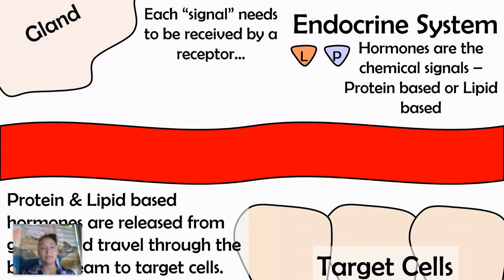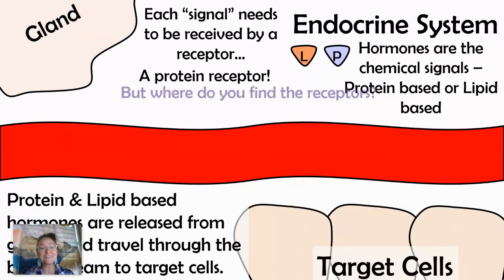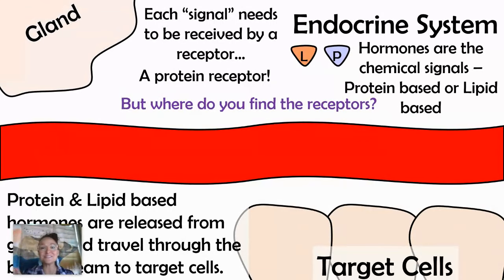So if you think about baseball, for example, if the pitcher throws the ball, you can think of the ball as the hormone, and then the catcher's mitt, the glove, is the receptor. Like you have to receive that message somehow. So here, you need a protein receptor. When we look at protein receptors, you're going to find them on the target cells.